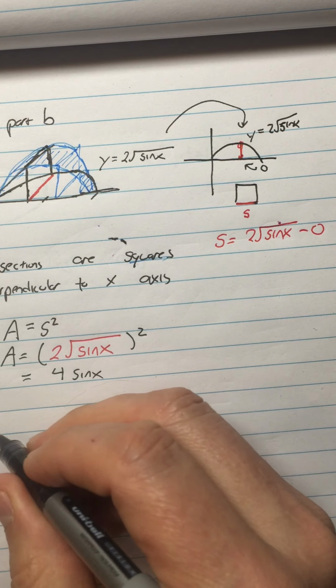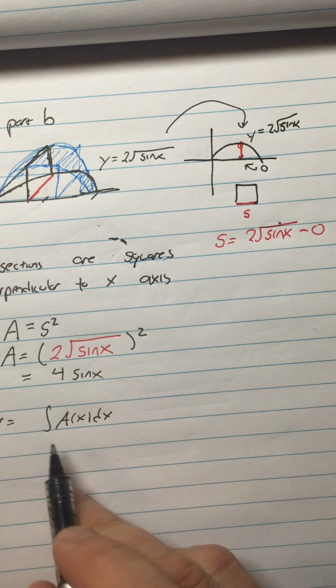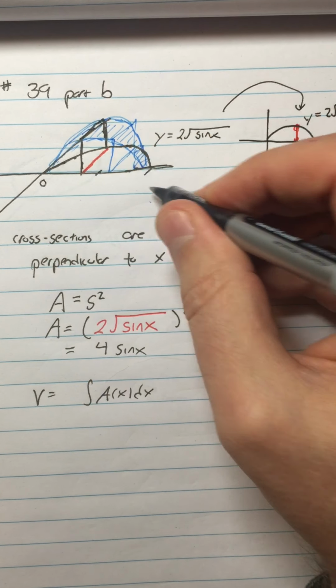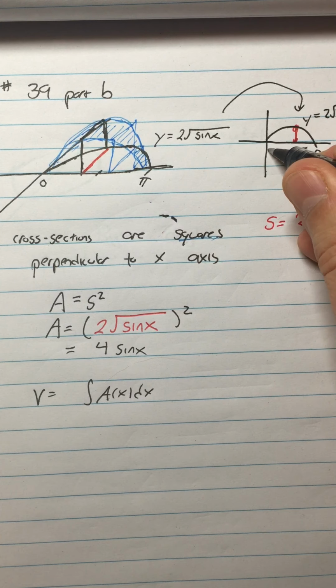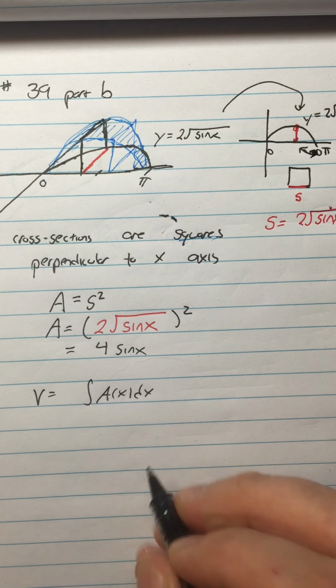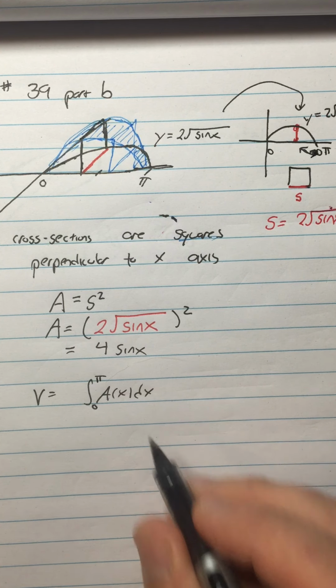My volume is going to be the integral of A of x dx. I need to think about the limits of integration. This figure goes from 0 to pi, and I can put that here. That's a little confusing, it means y equals 0, so let's get that out of there. I'm going from 0 to pi in my x coordinates, because I'm doing dx.